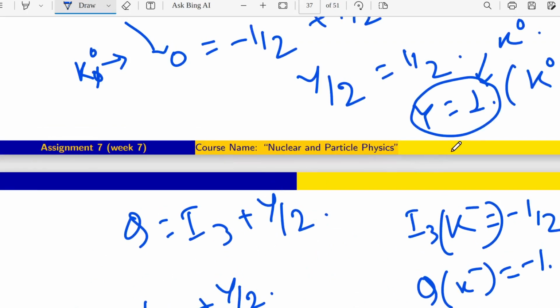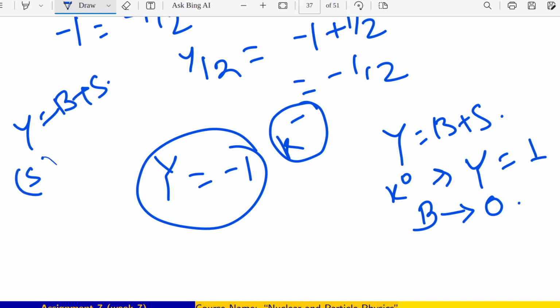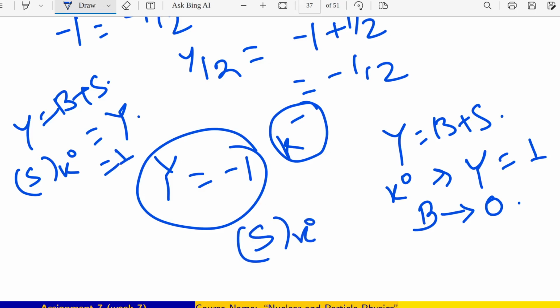So for K0, what will be the B value? Obviously K0 is not a baryonic particle, that means the B value will be 0. So from the equation Y equals B plus S, the S value of K0 will be only Y, which is 1. So the strangeness of K0 is 1.